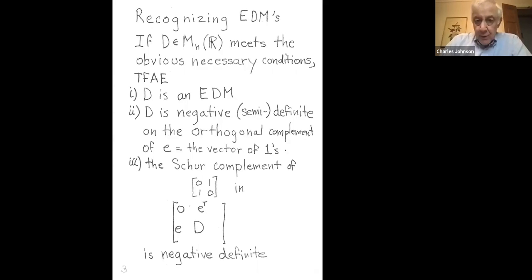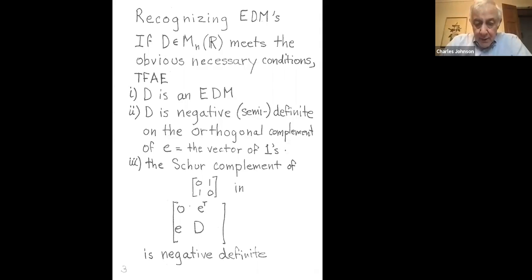If I want the distances to be strict, in other words, the points to be distinct, then I could say negative definite. And if I want to allow the possibility of coincidence among the points, then negative semi-definite is appropriate.